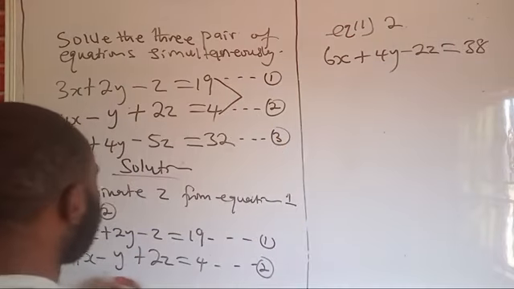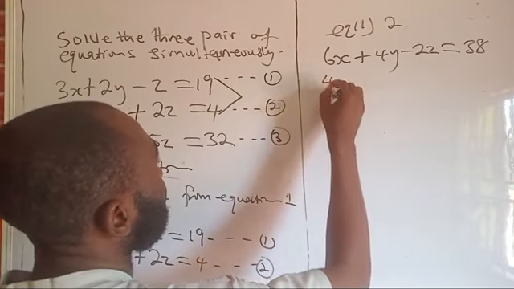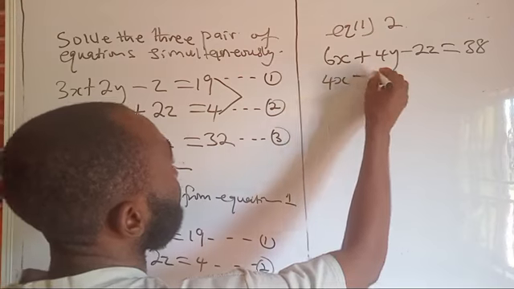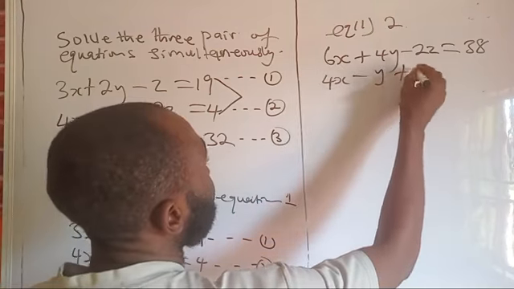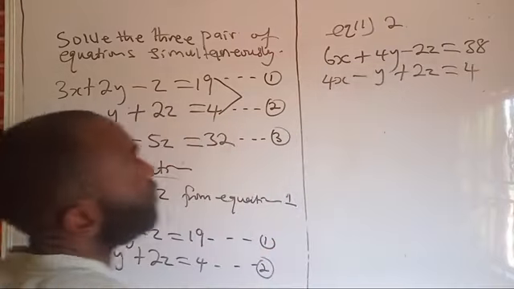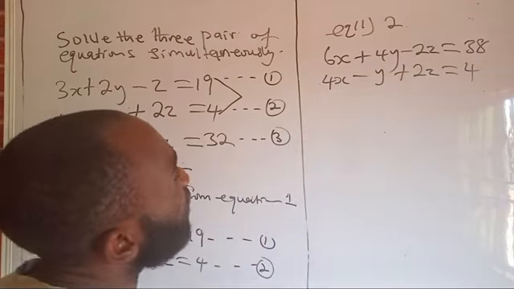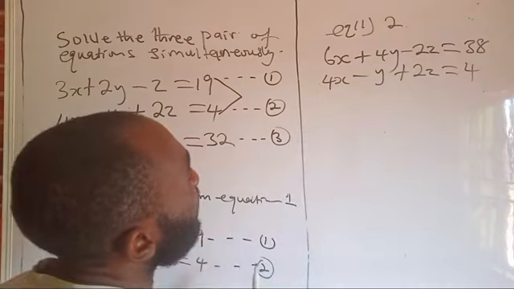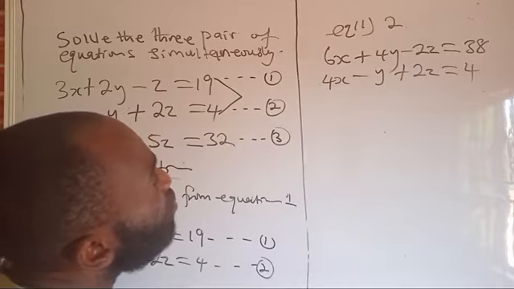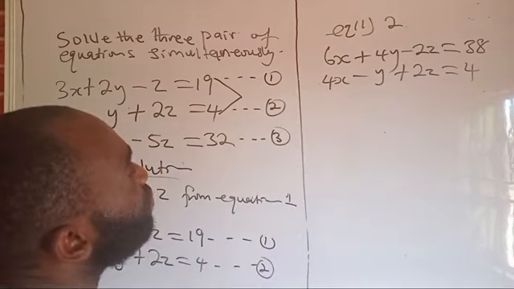We now bring our second equation, 4x minus y plus 2z is equal to 4. Now if you look at these two equations, to eliminate z, you are going to add equation 1 to equation 2.